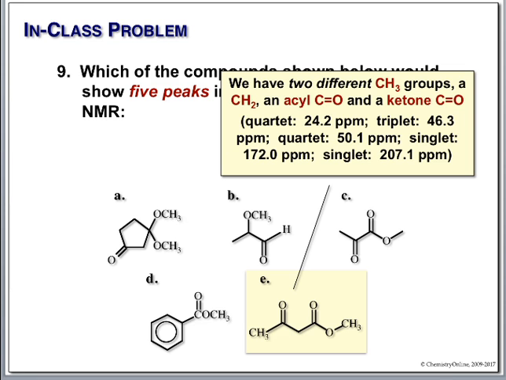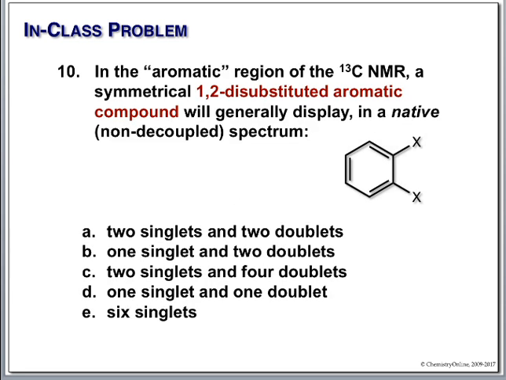All right, let's do another symmetry problem. Here we have just a generic di-substituted aromatic, and we're substituting in our 1, 2 position, and they're the same. What would we see in our C13 NMR?